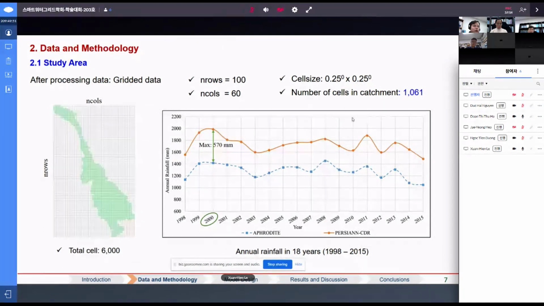You can see on this figure there is a big gap between the uploaded data and the PERSIANN-CDR. And in my study, the data set in 2014 and 2015 we use for the testing purpose.